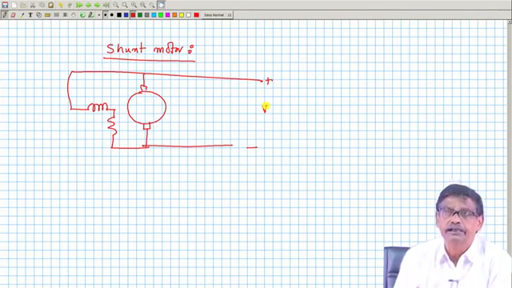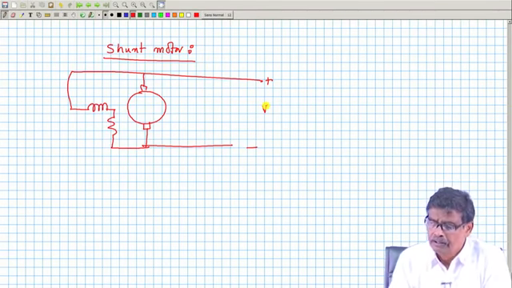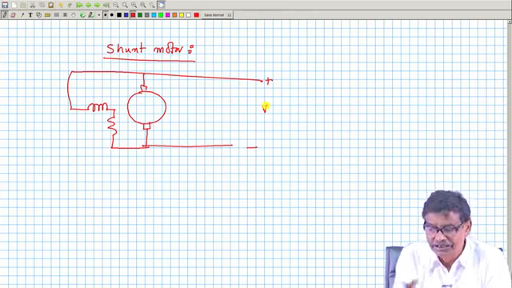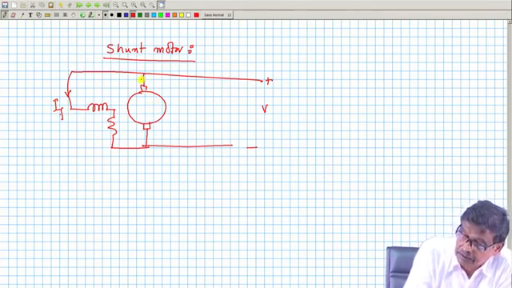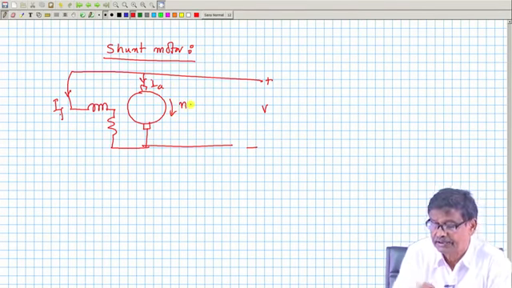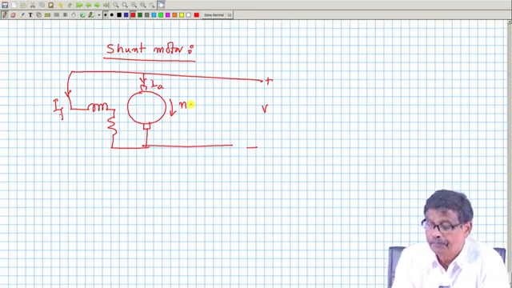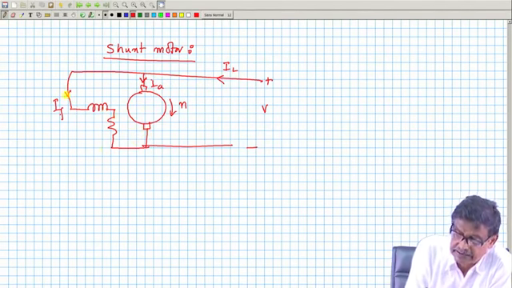Shunt generator, to generate voltage, there are several steps, I told you. In case of shunt motor, do not care, because you are injecting current. Here this voltage is well defined, there will be some field current flowing here, there will be some armature current flowing here, and suppose the machine is running steadily at this RPM, then this current drawn from the supply is called the line current, and this will be divided into two halves, IA and IF.